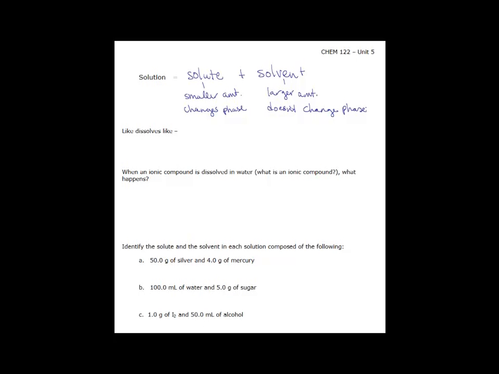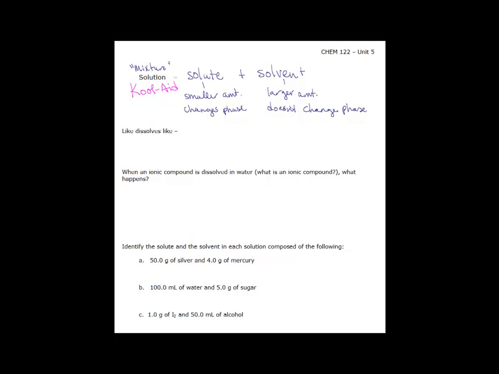Well, let's say you're making Kool-Aid. Kool-Aid is a solution. So let's say you're making watermelon Kool-Aid. That is your solution. Another term for solution would be mixture.